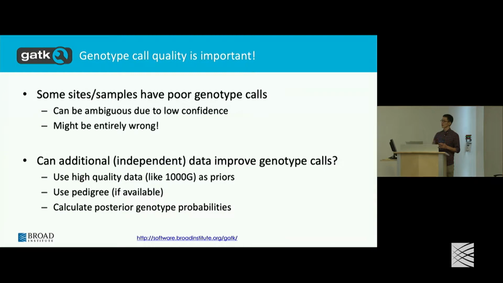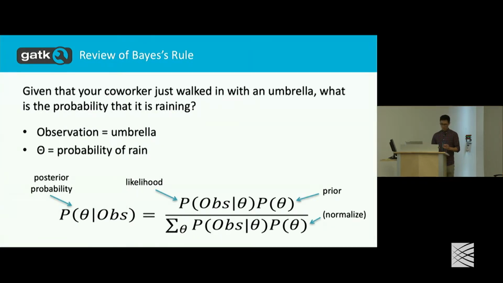I'll give a specific example later. So we could leverage that information too. And using those pieces of evidence, we can update the probability of each genotype to get the posterior probability of genotypes, using our prior knowledge from orthogonal databases.